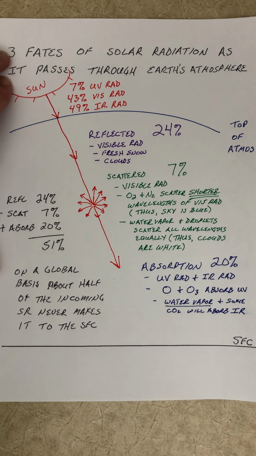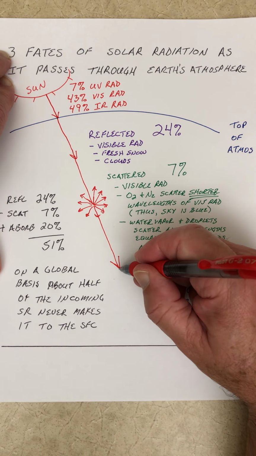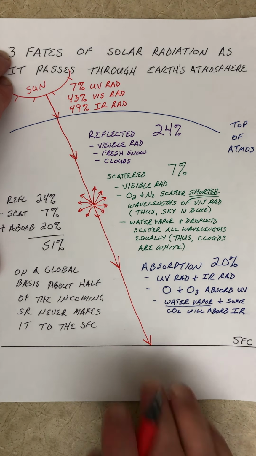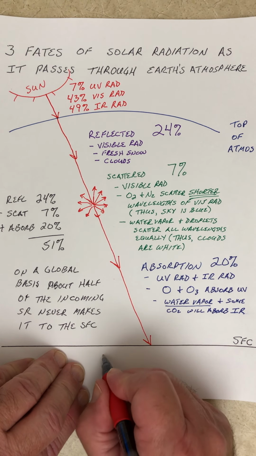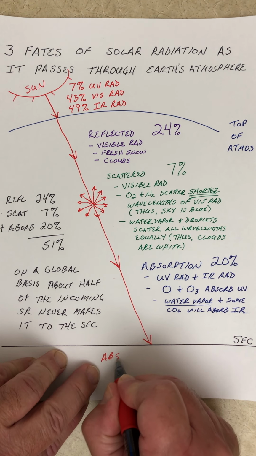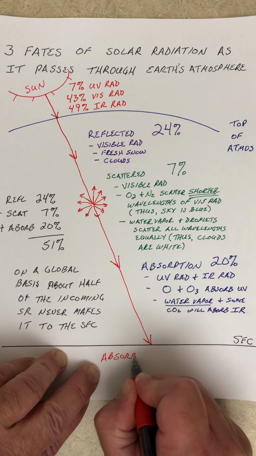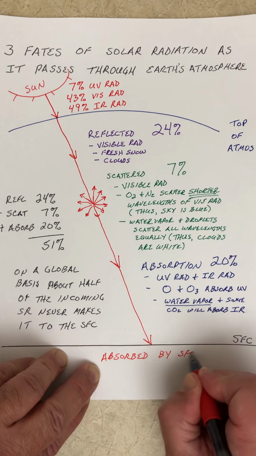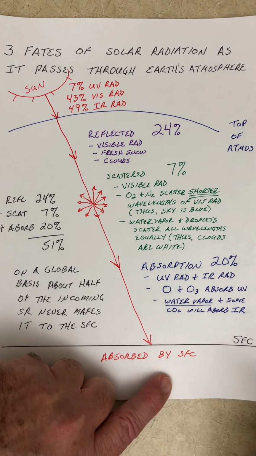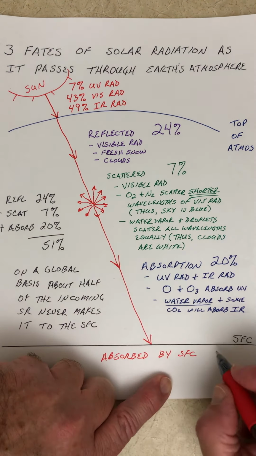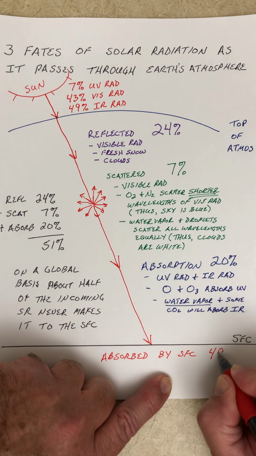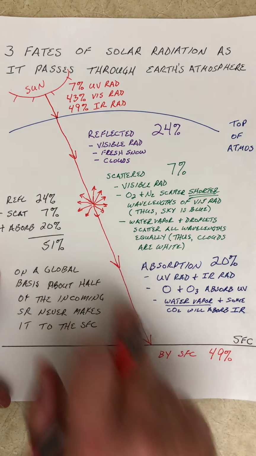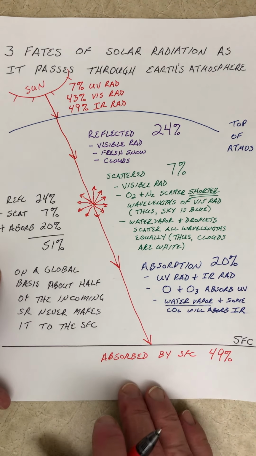But what does happen to it if it's not reflected, scattered, or absorbed as it passes through the Earth's atmosphere? It gets absorbed by the surface. How much gets absorbed? Well, that's the other 49%. So again, only about half of the incoming solar radiation that passes through the Earth's atmosphere actually makes it down to the surface to be absorbed.